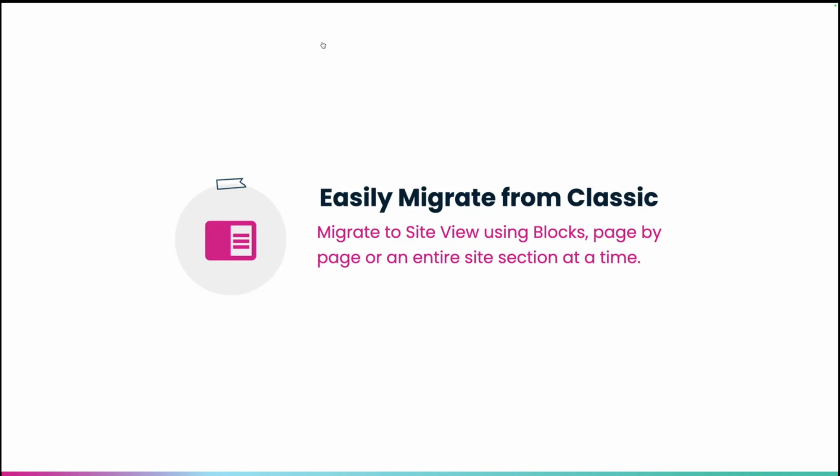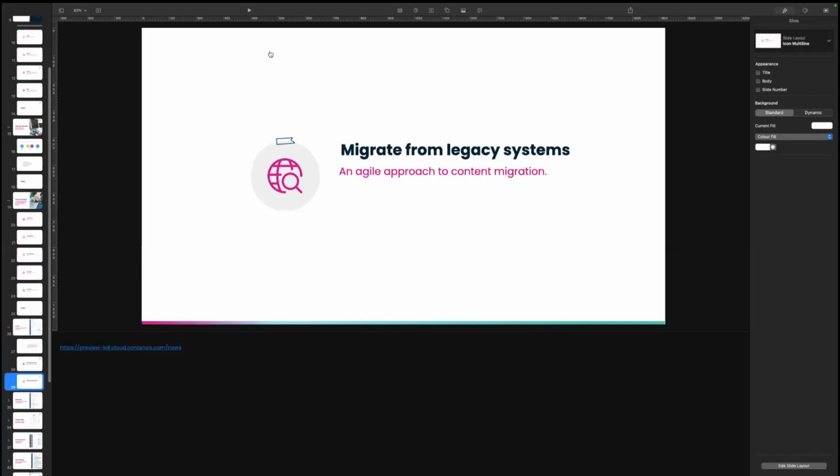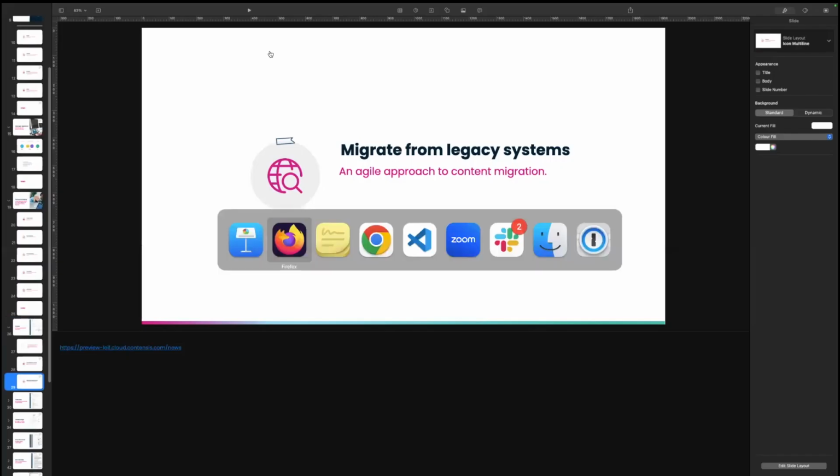I'll demonstrate that shortly. We also offer default support for reverse proxy to do exactly as I said earlier, to route your domain over to a Shopify store or a legacy system where content may exist. So let's take a look at proxies, and then we'll go through a bunch of other content focused features.